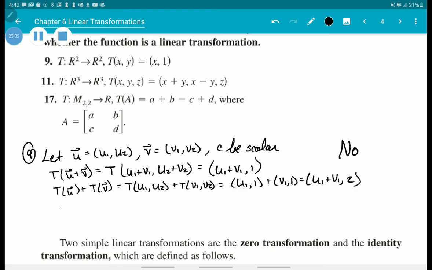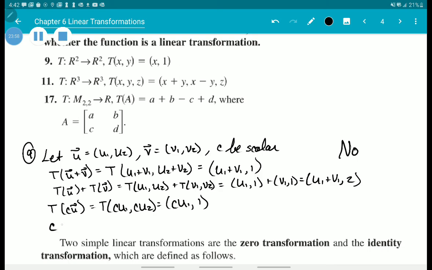Now the scalar multiple is going to fail also. Let's look at T of cu first. That would be T of cu1, cu2, and that would map to first component, and then the second component's 1.